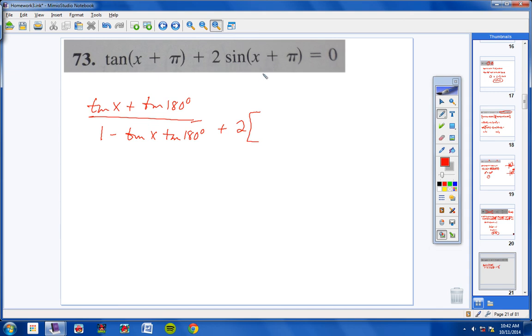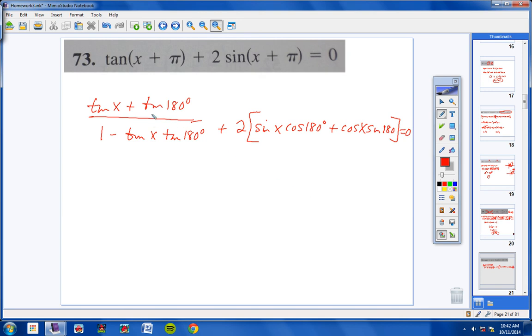That'd be sine cosine plus cosine sine. So sine x cosine of 180 plus cosine of x sine of 180 equals 0.